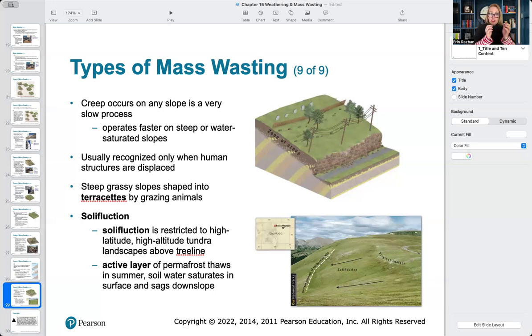So the spaces between the soil particles become saturated, and the heavy surface material starts to sag and slowly move downslope, creating characteristic lobes and terraces. Alaska's North Slope shows excellent examples of this creep, with distinctive tongue-like appearances.